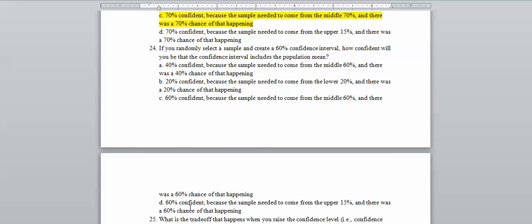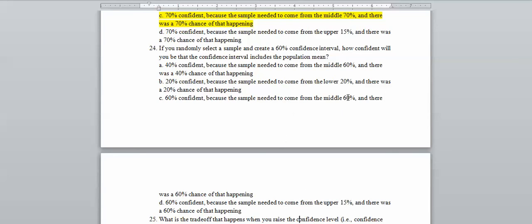How do we figure out which one it is? Well, choice D says that the sample has to come from the upper tail. We know that's not correct, because if it comes from the upper tail, the confidence interval doesn't include the population mean. It doesn't work out.